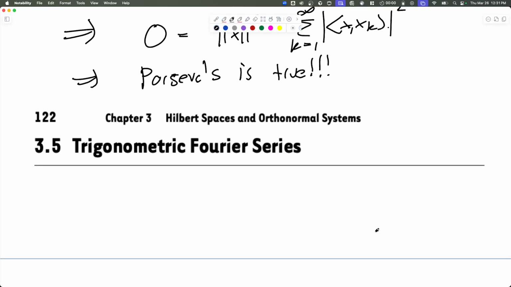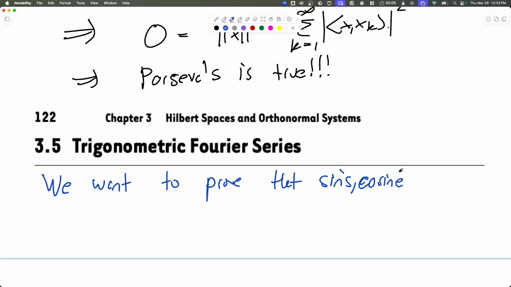So we want to prove that sines and cosines are complete. That is our goal.